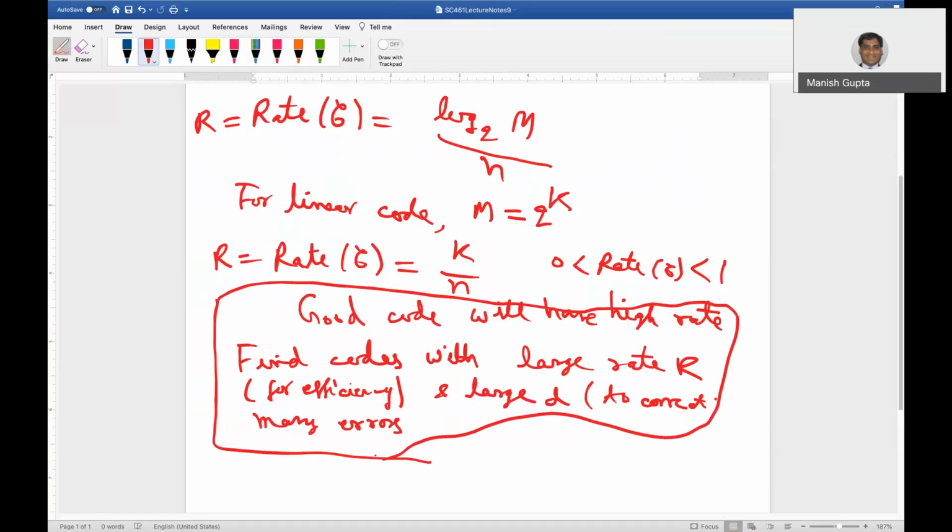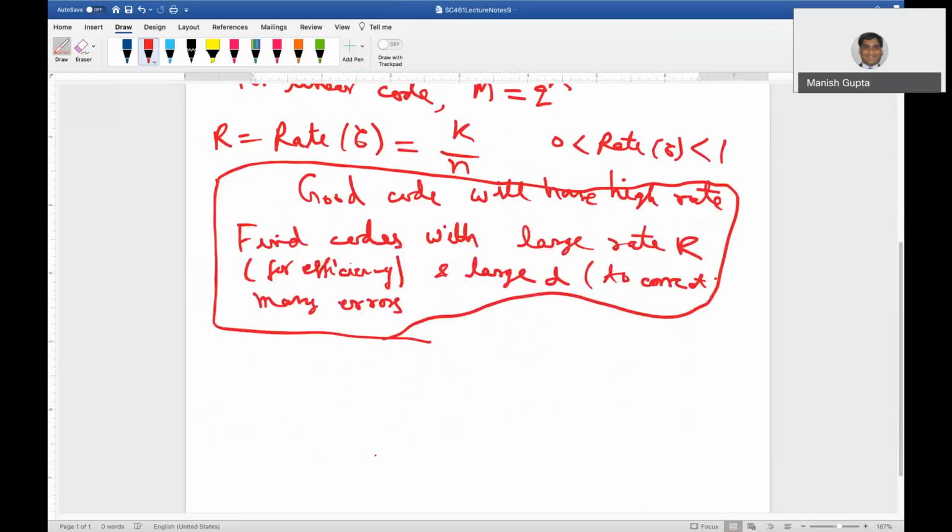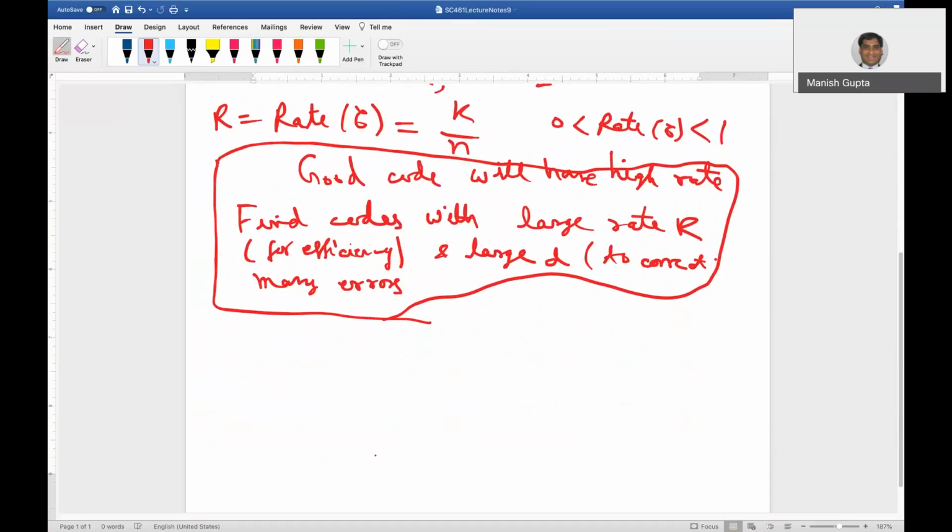So we define a function actually. Suppose our alphabet is of size q. Of course, we are looking at finite fields.